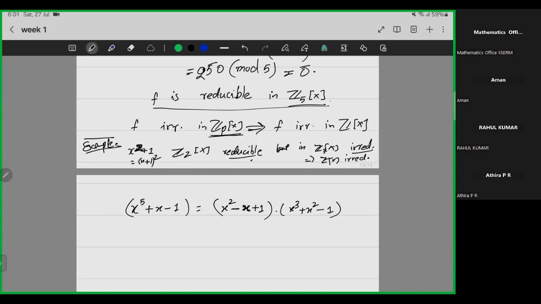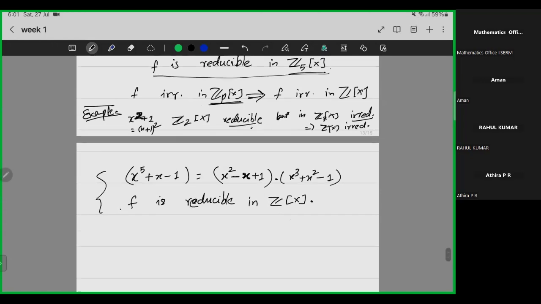I don't know how to show this, but so f is reducible in Z[x]. How to show? You check it. If you find this, let me know in the next class. Okay, it is reducible.